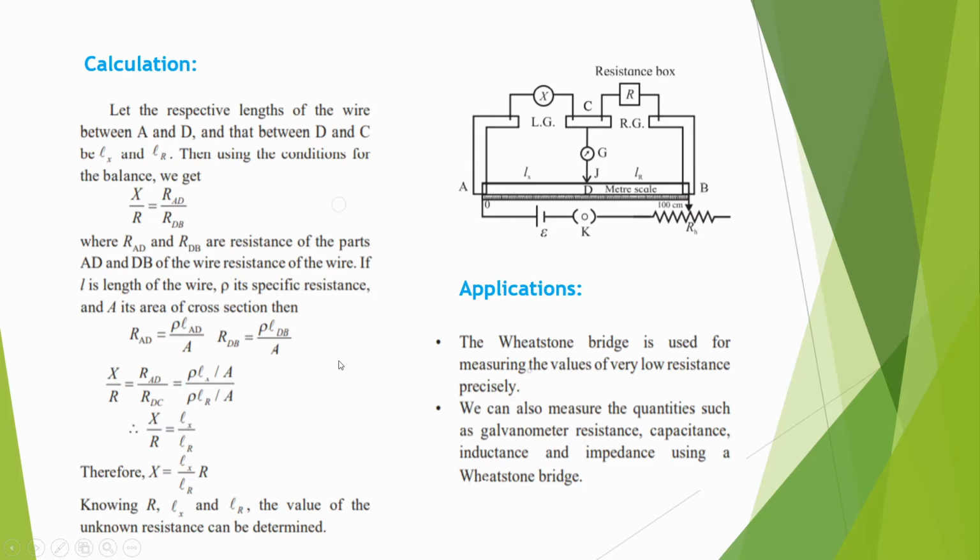Then if L is the length of the wire, rho is the specific resistance, and A is its area of cross section, what is the formula for resistance R?